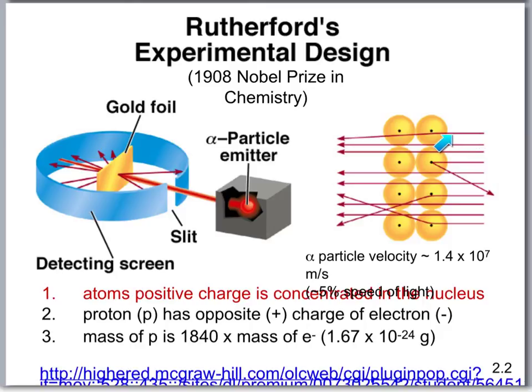And because alpha particles also have a positive charge, as they passed by a positive area, they would somewhat be deflected. Sometimes an alpha particle would actually hit that positive region head on and would be deflected back to the source. And so we now know today that that area in the very center of an atom, that's the nucleus where the protons reside. And then in this area around the nucleus, that's where the electrons are.